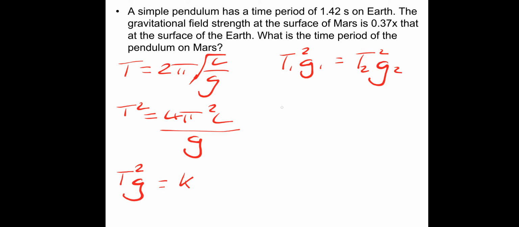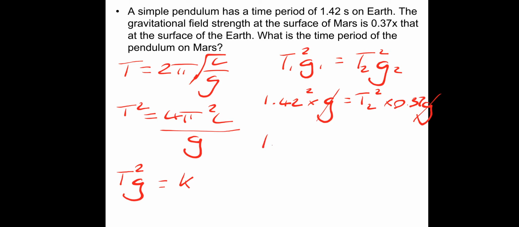So the first one we'll do is the Earth. The time period on the Earth is 1.42 squared, so 1.42 squared times g1. Now we could say 9.81, but I'm just going to call it g. You'll see why in a moment. Equals the time period on Mars squared, and it's 0.37 times the gravitational field strength for the Earth. So I'm going to times by 0.37 times g. So the g's cancel, and then I've just got to get T2 squared on its own.